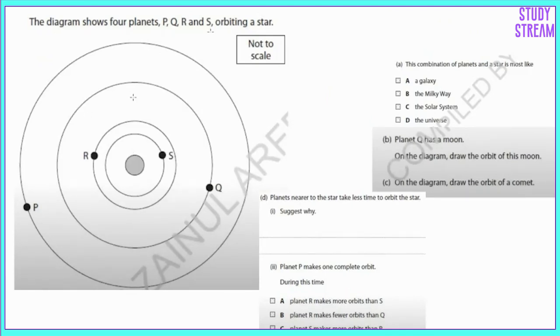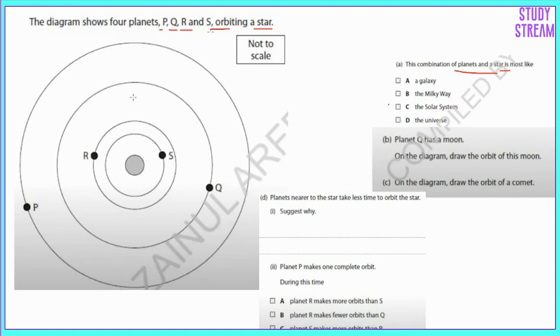Another question is talking about planets P, Q, R, and S orbiting a star. They just gave a name for it, like a star, but not really sure which star. The first part is asking what the combination of planets and star is most likely to be. What is it called?